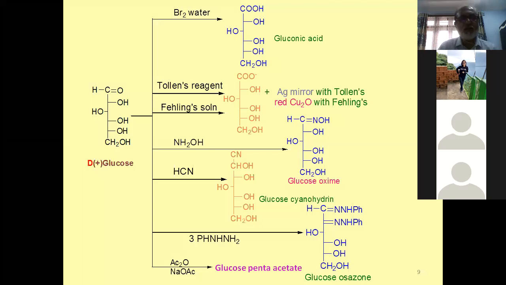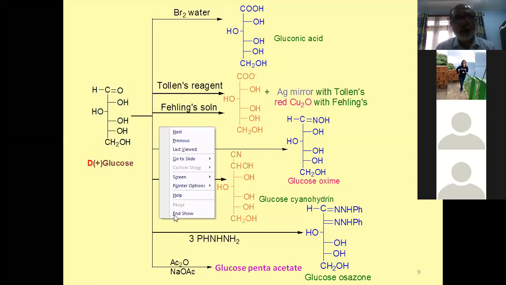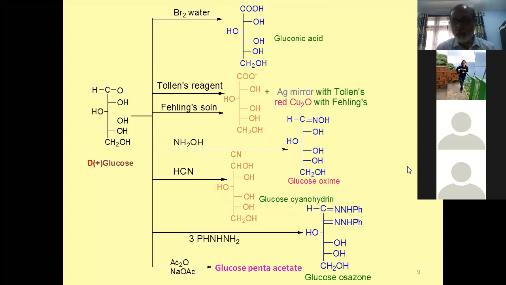In reduction, which group will be affected by sodium borohydride? The aldehyde group. What do we get from there? The aldehyde becomes CH2OH, and then all of them are alcohol, that is 6 OH groups, and that is called sorbitol in this case.